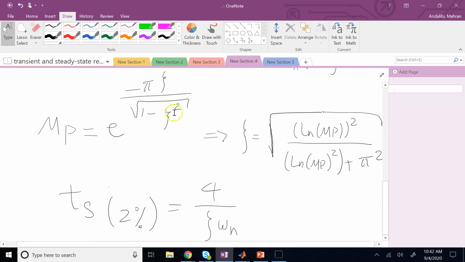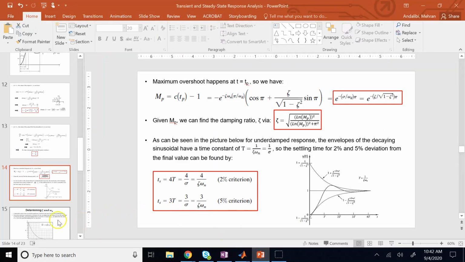The only one that is purely zeta is maximum overshoot, which, don't forget, we typically define in percentages. This formula is not going to give you percentages. It just gives you a number which is typically less than 1, like 0.5 or 0.6. If you want it in percentage, you have to multiply this number by 100%. So if it's 0.5, it means 50% overshoot, correct? Just keep that in mind.